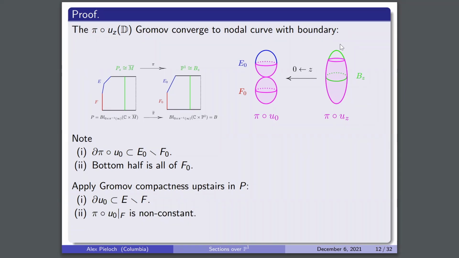So this tells me that there exists a component of this nodal curve that lies inside of F, whose projection down to F0 is non-constant. Okay, but by definition, this is just a multi-section of our map pi when we identify F, the map from F to F0 with M bar to P1. Okay, so this is the sort of idea.